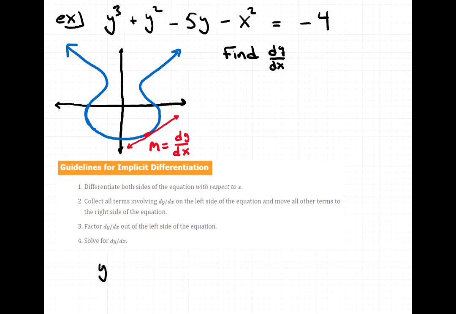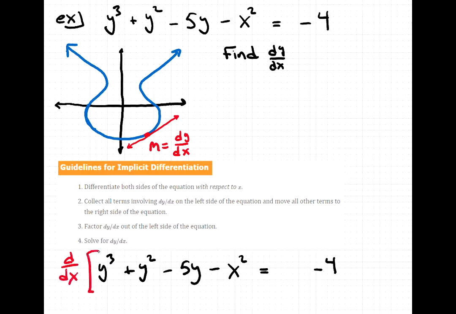So we have y cubed plus y squared minus 5y minus x squared equals -4. So we'll do the derivative of the left is equal to the derivative of the right.